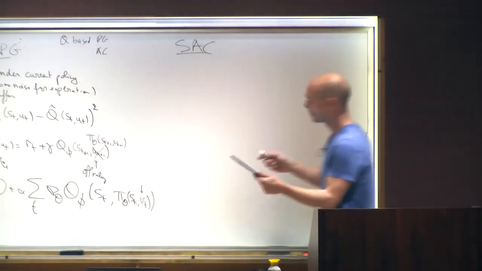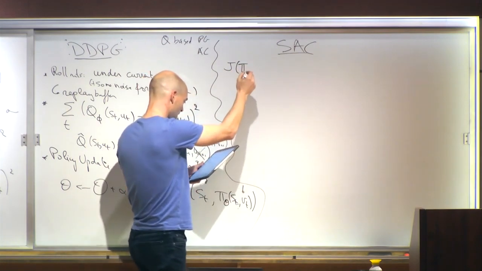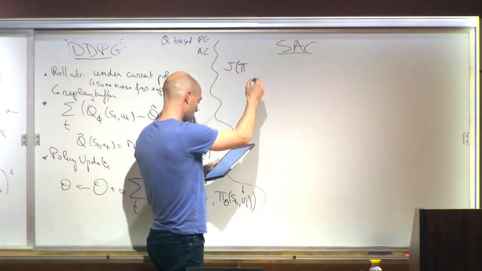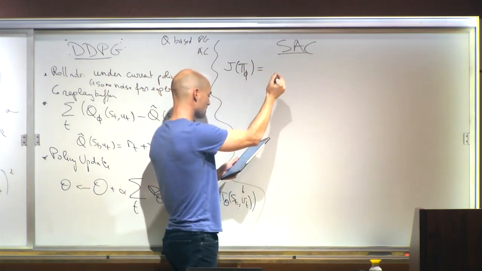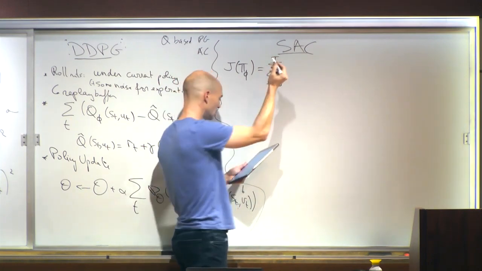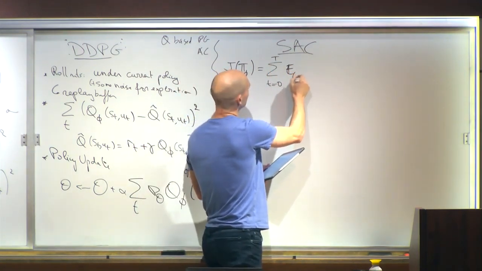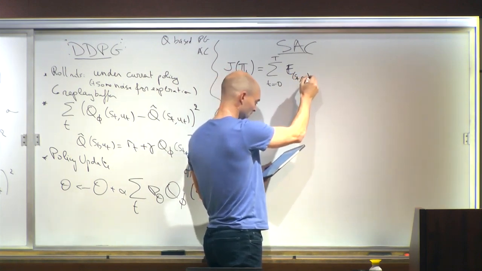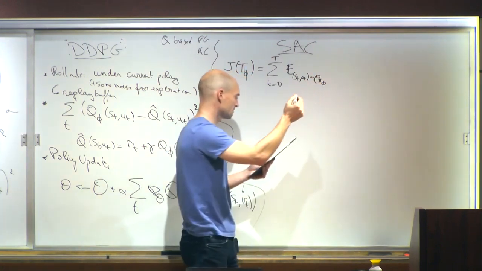So, SAC, what's our objective? We try to find a policy pi phi that maximizes this objective: sum over times in the rollout, then we have an expected value over states and actions we encounter, which depends on the distribution we encounter due to our policy.